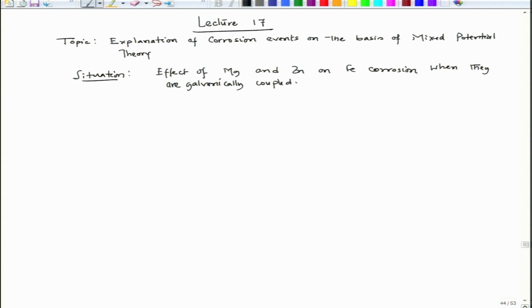And this is also an example of cathodic protection.